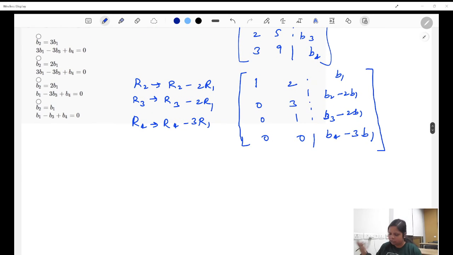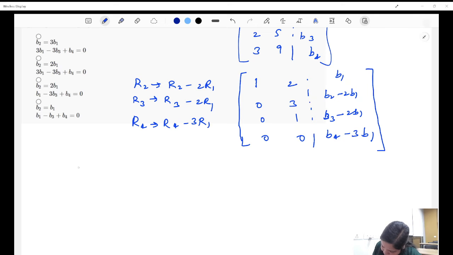Now we want to reduce it further, because we still do not have the options coming up. The options that we already have match none of these. If we try to find B4 equal to 3B1, we don't have any option attained till now. So we'll move one step further.